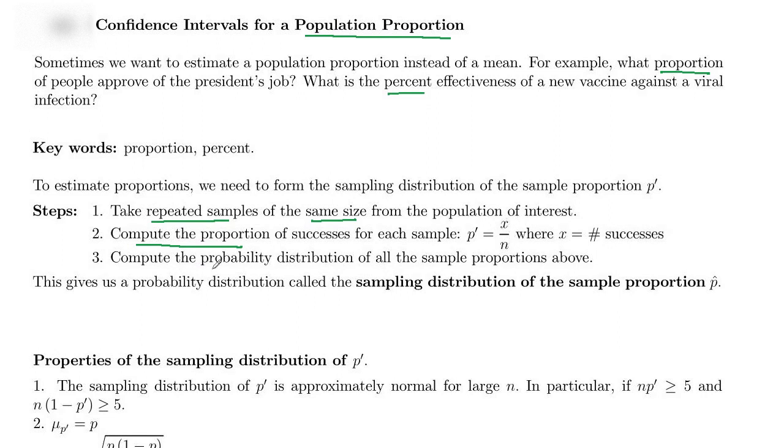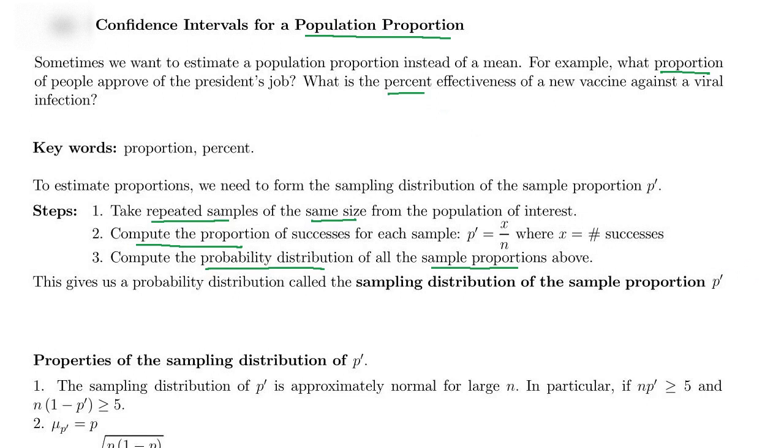Then you compute the probability distribution of the sample proportions from repeated samples, making a histogram of the percentages of successes. This gives us a new probability distribution called the sampling distribution of the sample proportion, which we are denoting P prime.